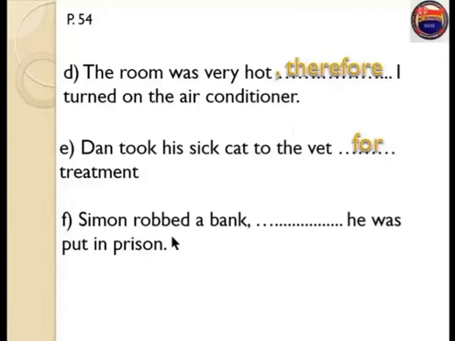Consequently, yes, you are correct. We can say Simon robbed a bank. Consequently, he was put in prison. Very good, Yahya. Or we can say so that. You are welcome, Yahya. Simon robbed a bank. Consequently, he was put in prison. Or Simon robbed a bank so that he was put in prison.